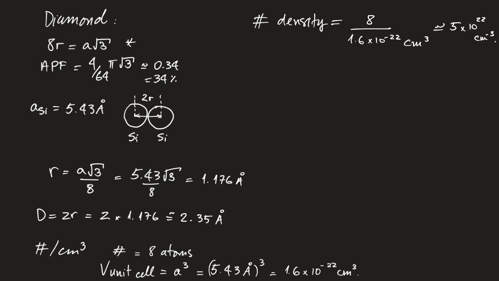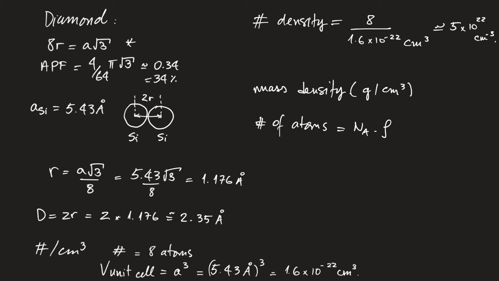Finally, we can calculate, for example, the mass density of silicon. The unit here is grams per centimeter cubed. We can use the formula that the number of atoms is equal to the Avogadro number times the mass density times the volume over the molar weight.